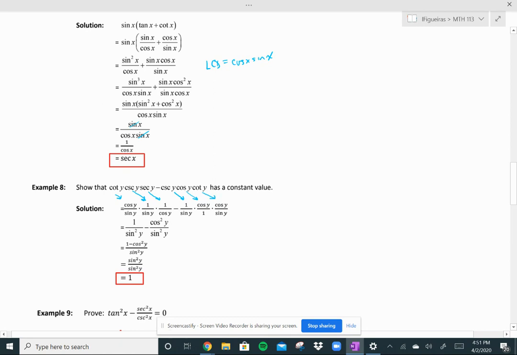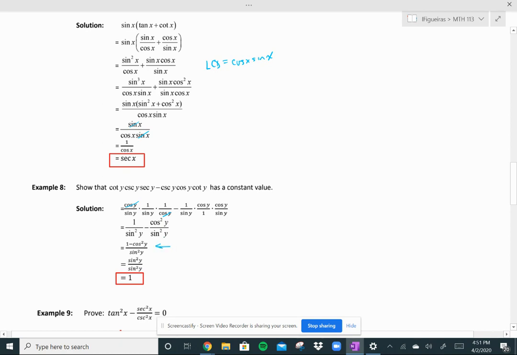All right, so once everything is written out here as one product minus another product, some things will cancel. So the cosine of y here cancels with the one here. Nothing cancels in the second product. But the first one becomes 1 over sine squared of y. The second one becomes 1 minus cosine squared of y, and they both have a common denominator of sine squared of y, which means you can write it as a single expression.